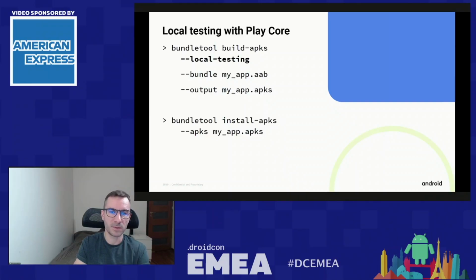Then you push the app on the device using also bundle tool, using the install-apks command. Now, when you run the app, PlayCore will automatically detect the local testing mode and use a different implementation for Play feature delivery and Play asset delivery that installs modules from local storage rather than Play. And this is super useful, especially in early phases of development when you don't want to keep uploading to Play just yet.